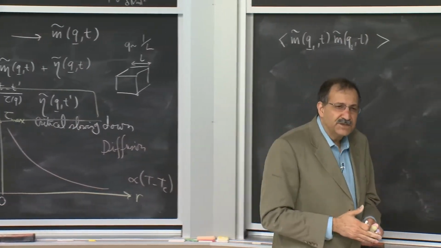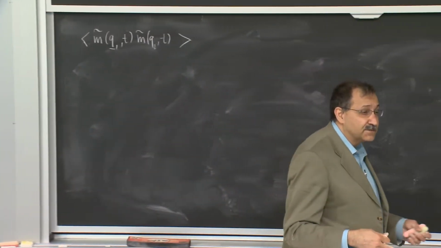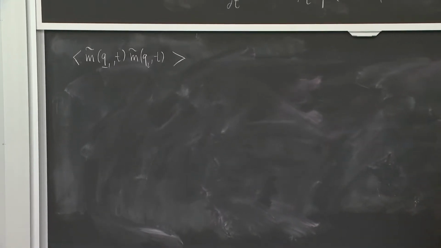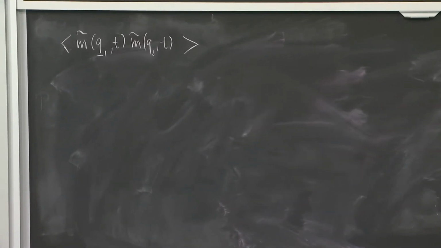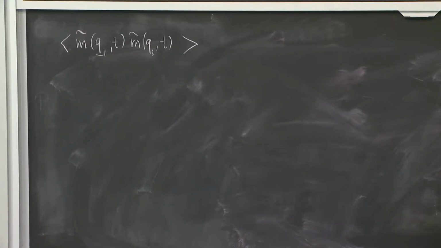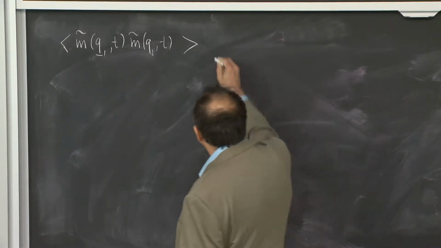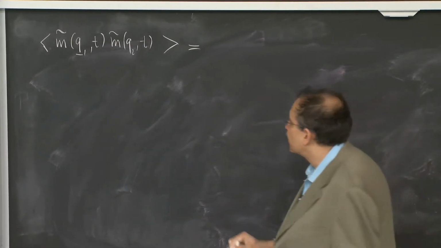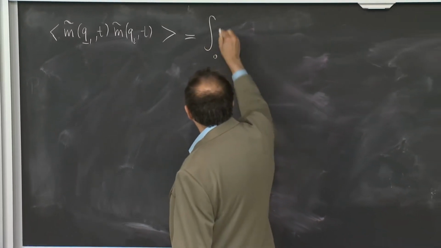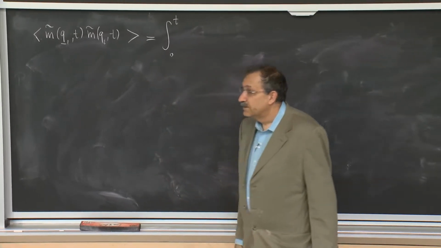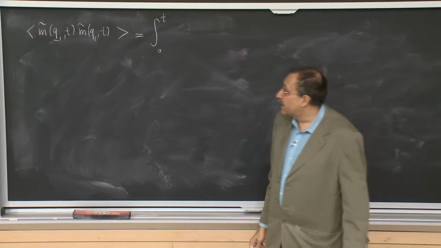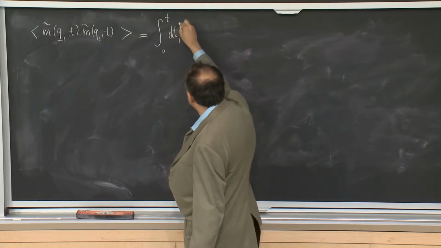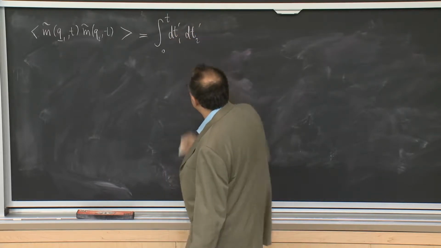So let's imagine that we have looked at times that are sufficiently long so that the influence of the initial condition has died down. I don't want to write the other term. I could do it, but it's kind of boring to include it. So let's forget that and focus on the integral, 0 to t. Now, if I multiply two of these quantities, I will have two integrals over t prime.